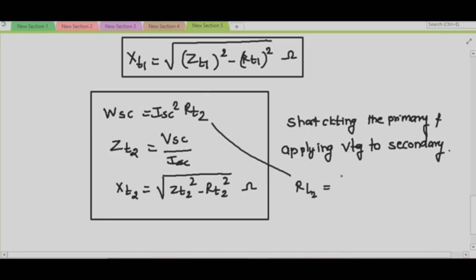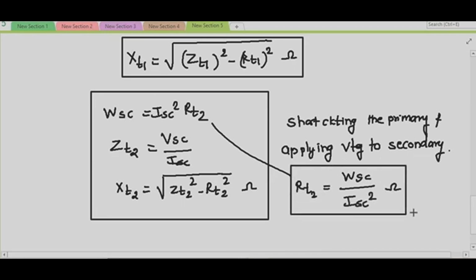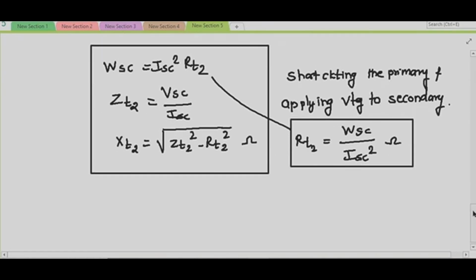It will be WSC upon ISC whole square. So constants RT2, XT2, ZT2 can be found out by referring the circuit to the primary or referring the circuit to the secondary side.